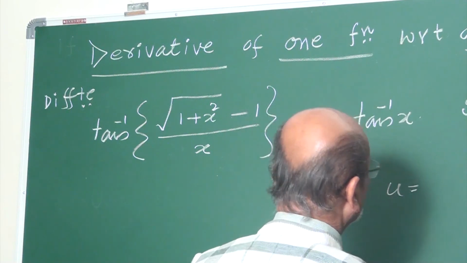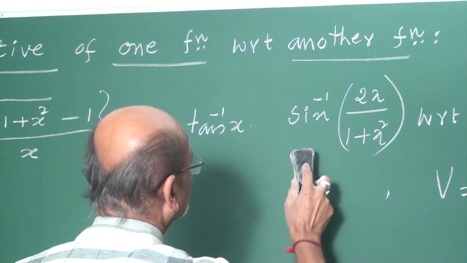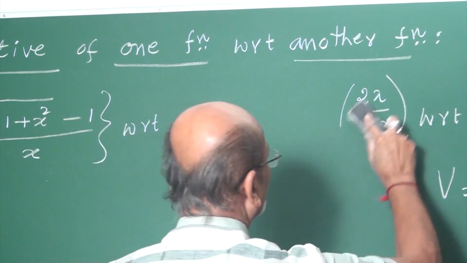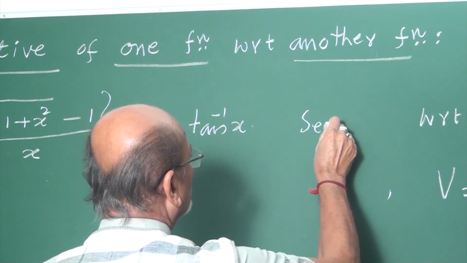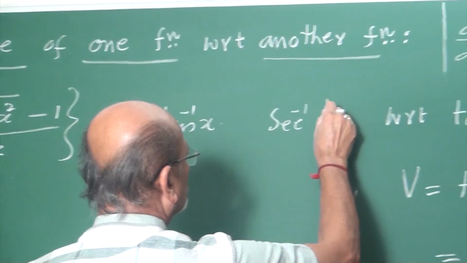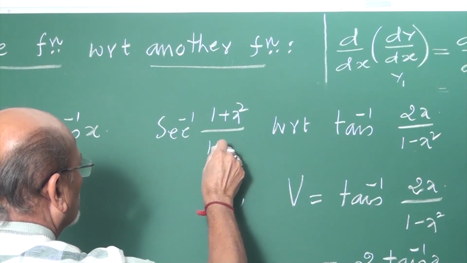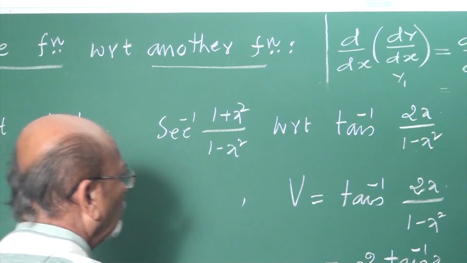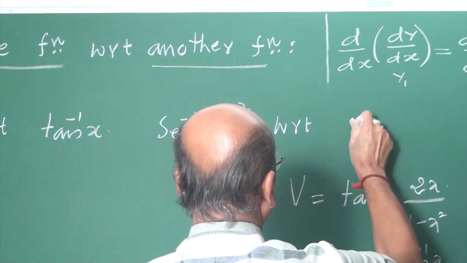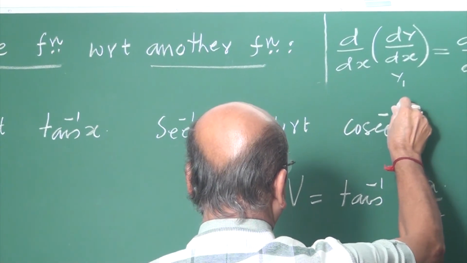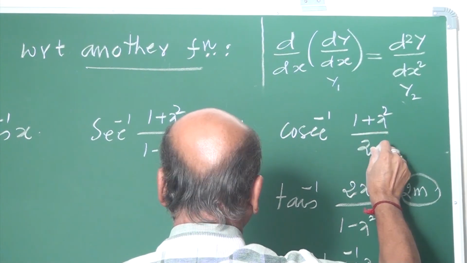Differentiate sec inverse of 1 plus x square upon 1 minus x square with respect to cosec inverse of 1 plus x square upon 2x.